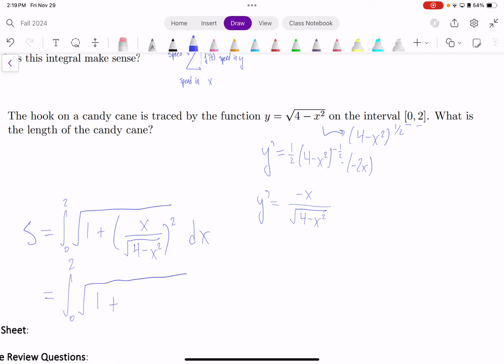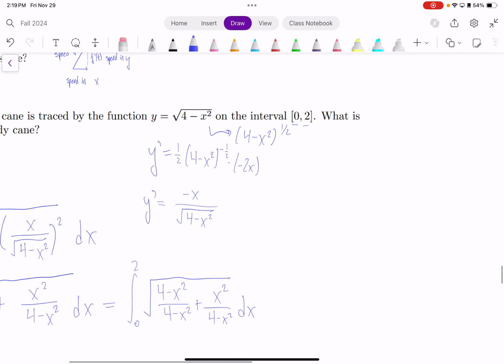We have 1 plus x squared over 4 minus x squared dx. Okay, we've got 1 minute. Let's try and finish this integral really quick. Let's rewrite everything inside the root and combine it into its own fraction: 4 minus x squared over 4 minus x squared plus x squared over 4 minus x squared dx.